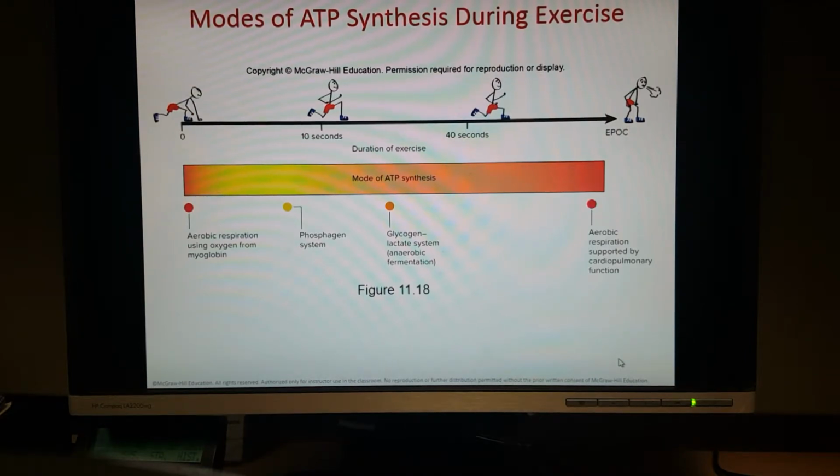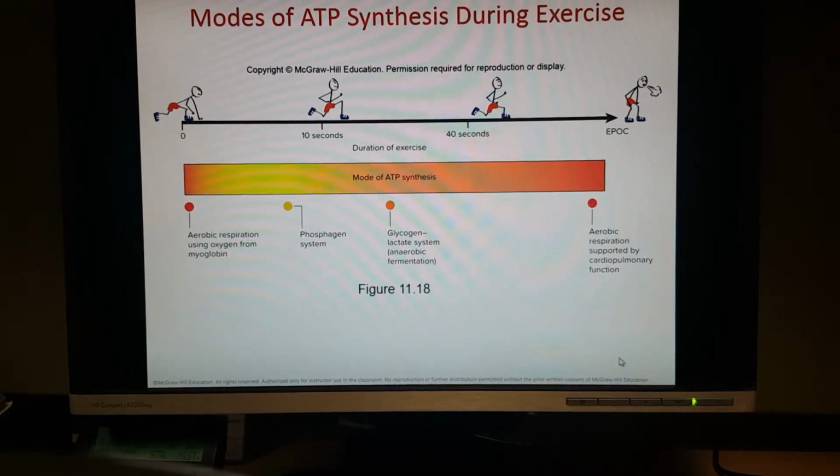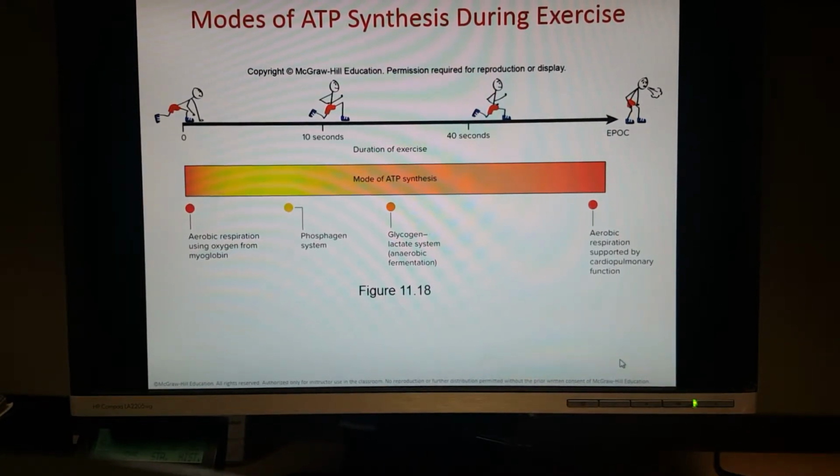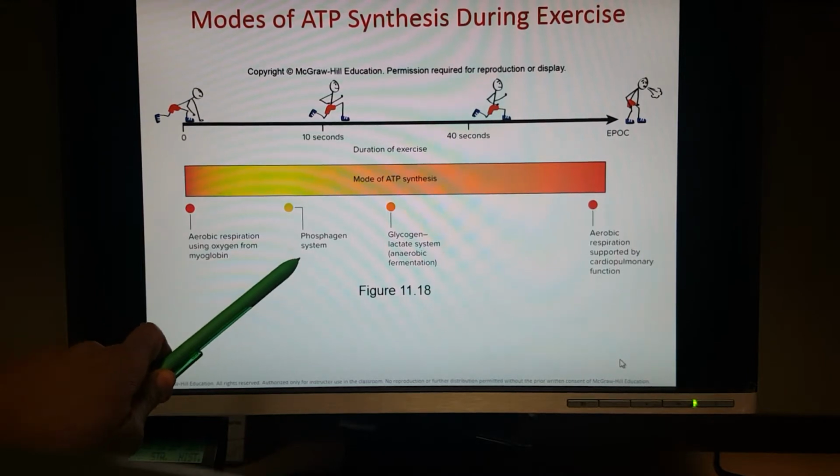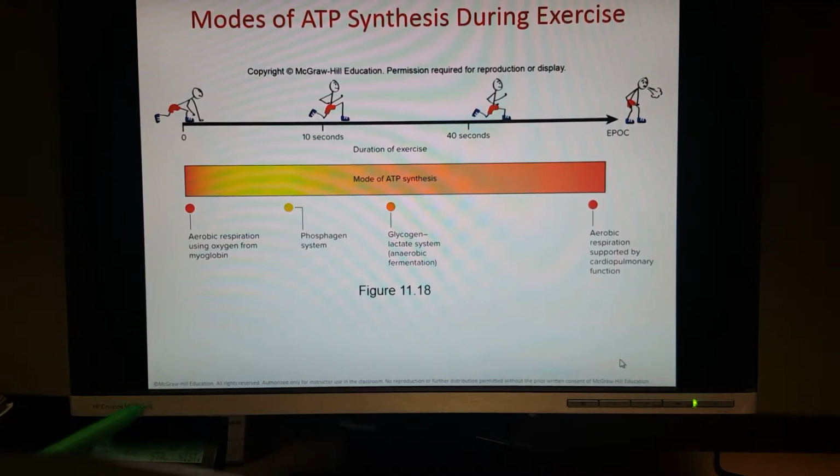So during the process of exercise, there's changes in how our muscles make our ATP. So starting off, our muscles have enough glucose in the form of glycogen as well as plenty of oxygen on those myoglobin molecules to make ATP through aerobic respiration. Eventually, you switch into what's called the phosphagen system, where there's just some switching around of phosphate groups to continue to make ATP.